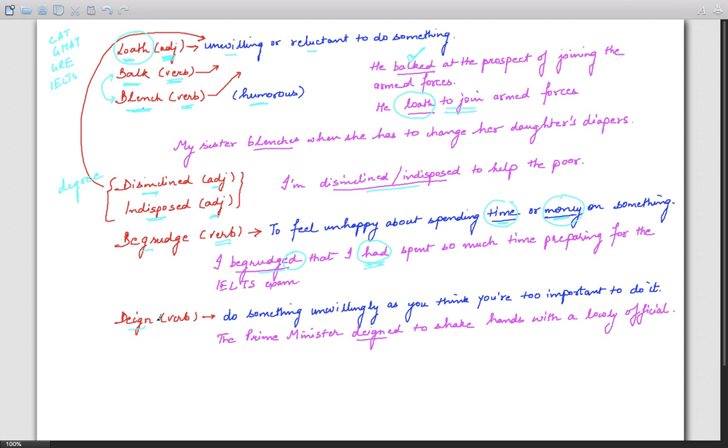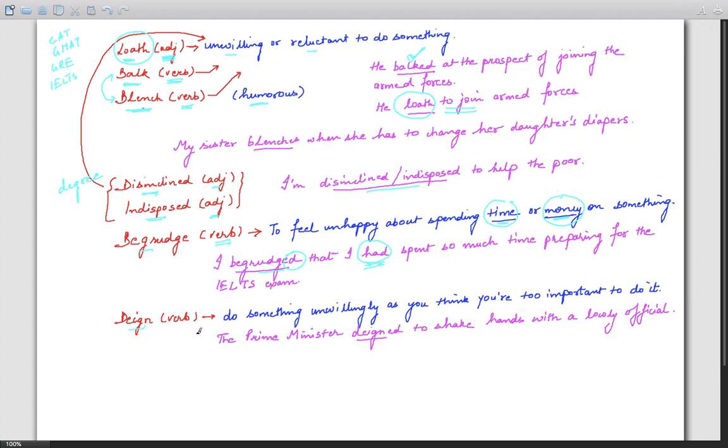Finally, the word deign. Deign is also when you are unwilling. But the difference is, loath, disinclined, indisposed are when you're unwilling to do something. Deign is that you are forced to do something, you think you have to do this, but you do it very unhappily.